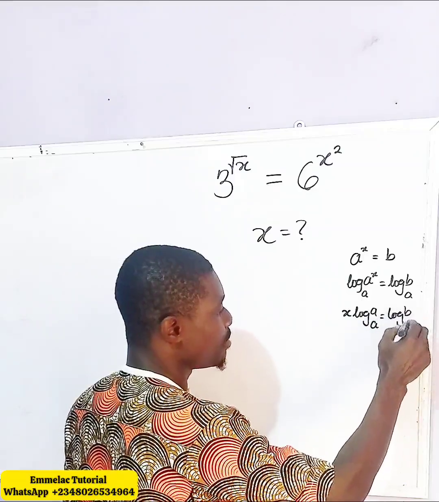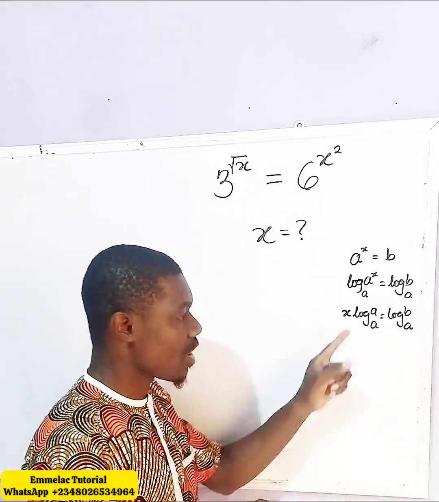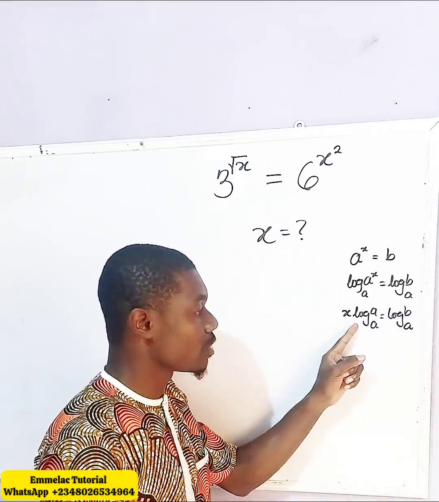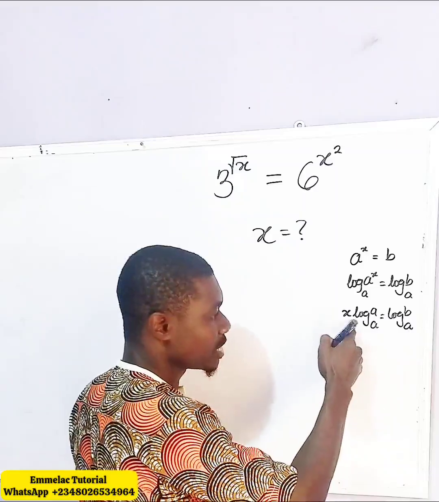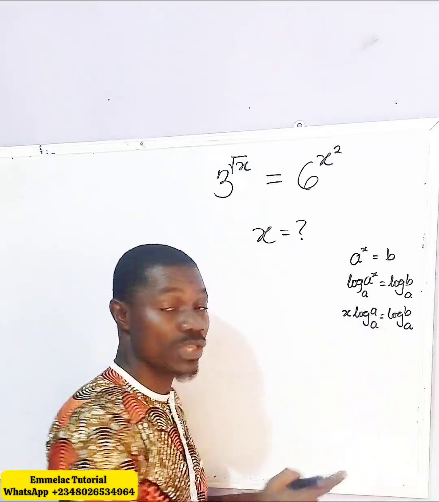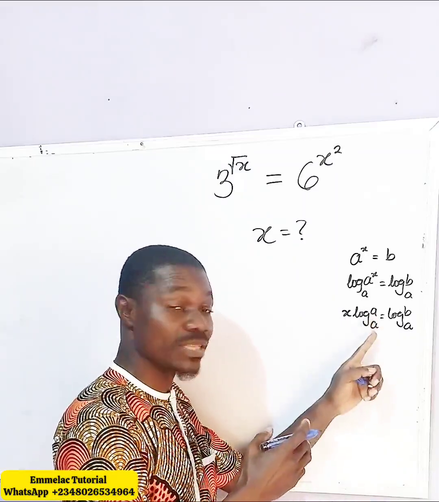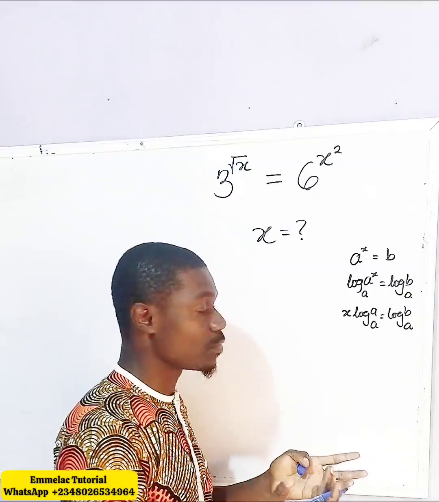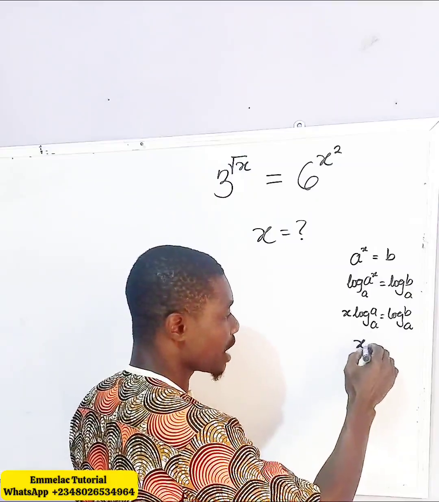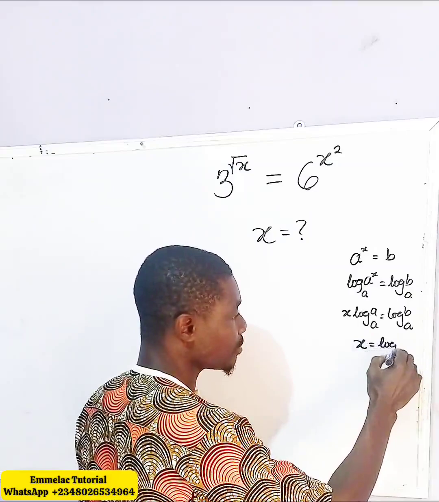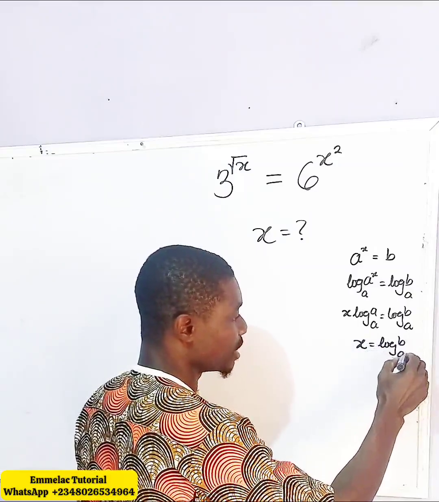That is x log a base a, and on the other side log b base a. Now, according to the power rule, log a base a gives us 1, because when the argument and the base are the same, it becomes 1. So here we can say that x equals log b base a.